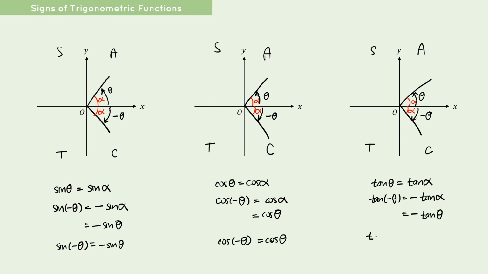So this is how we arrive at this conclusion. This is quite special because for cosine, the negative here actually doesn't affect the value. Cosine negative theta is the same as cosine theta. Whereas for the others, the negative sign has to be brought out for sine and tangent.